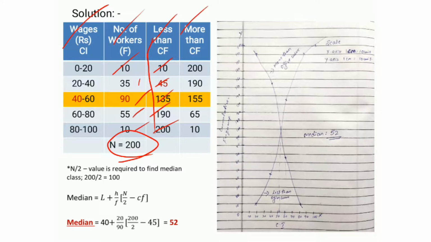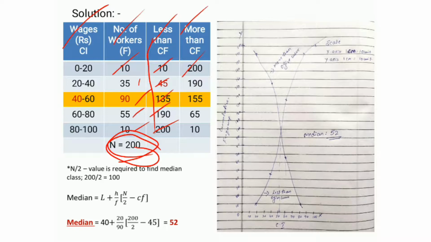After that, the more than cumulative frequency. How to get it: what is n? 200. For more than, the 200 should be stated. The total number of workers should be applied in the first column of more than cumulative frequency.